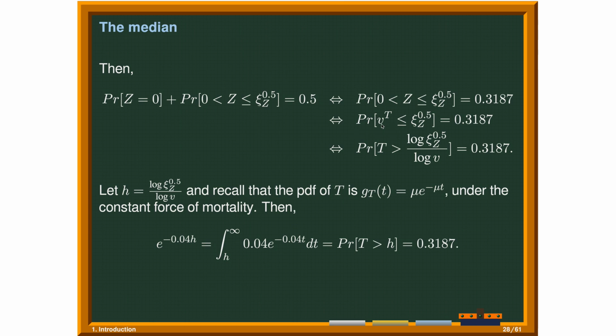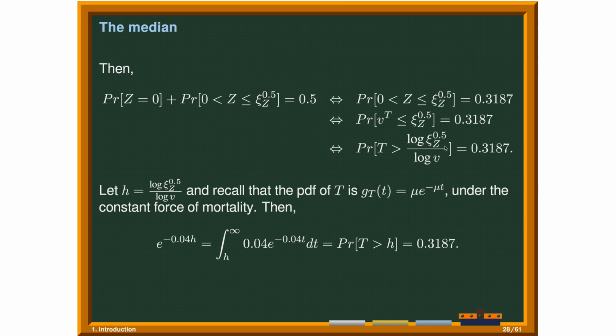Okay, and then doing what we did earlier, we take the log of both sides, and then what we now have is T greater than or equal to the log of the median all over log of v. Again, it becomes greater than because log of v is negative, right? Because v is between 0 and 1.